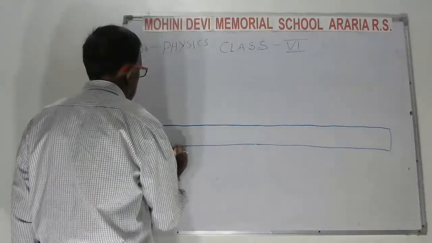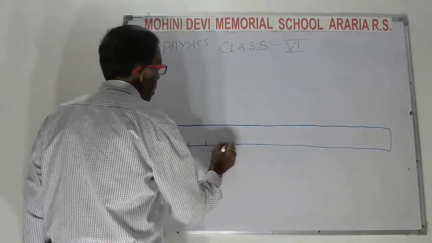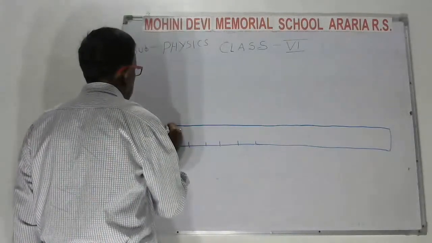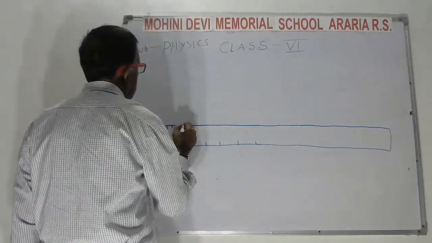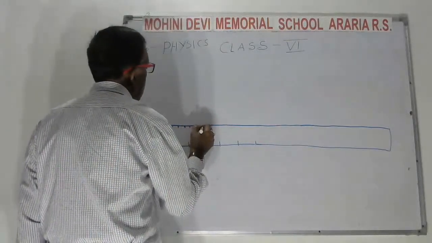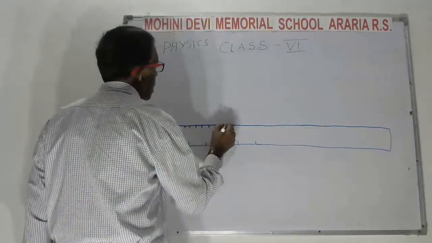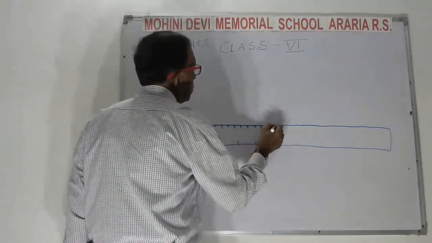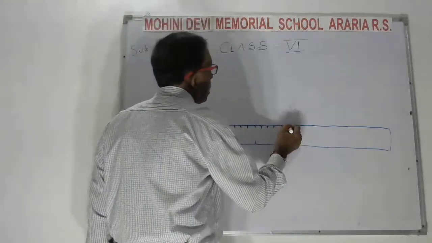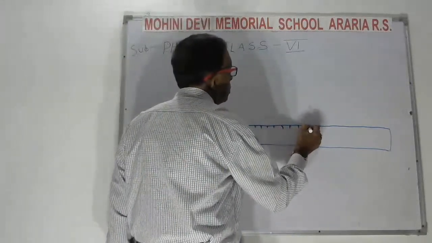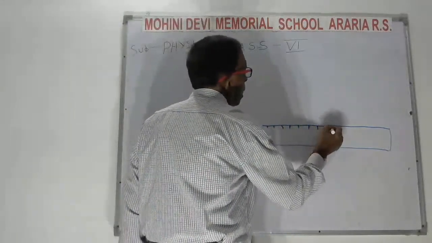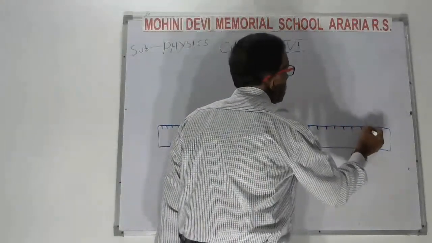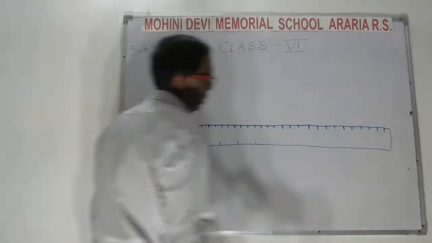One is inch, this division is inch, and this division is centimeter. Yes, my children, right? The scale is divided in two scales, centimeter and inch. You know, 100 centimeter is equal to 1 meter, and the length of this scale is 1 meter.